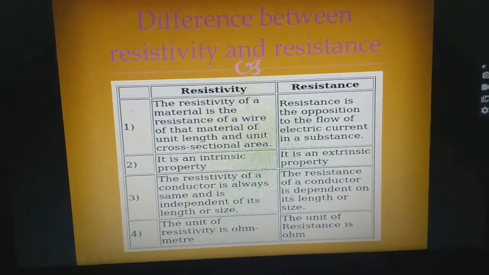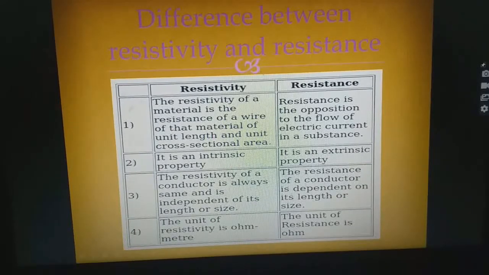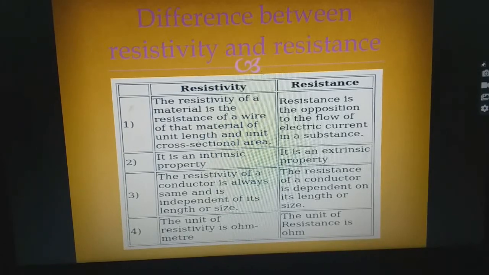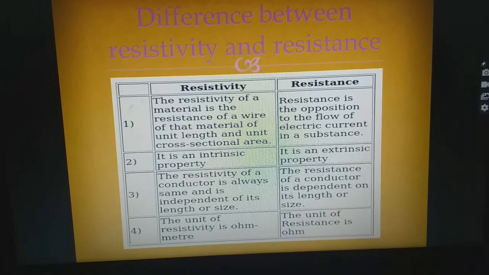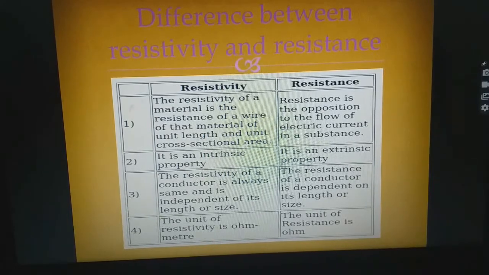Number one, the resistivity of a material is the resistance of a wire of that material of unit length and unit cross-sectional area, while resistance is the opposition to the flow of electric current in a substance. Number two, resistivity is an intrinsic property. It depends upon the nature of the material.